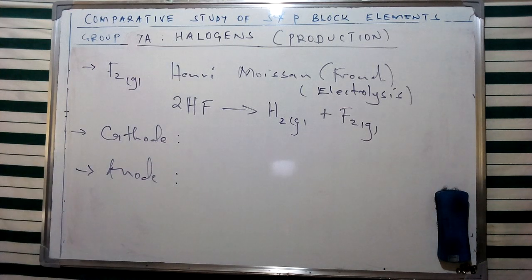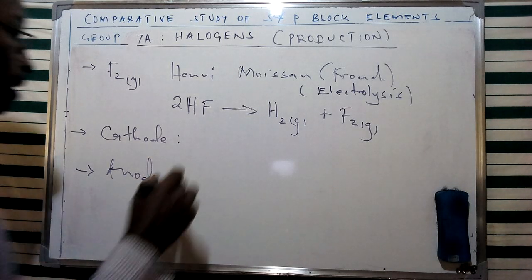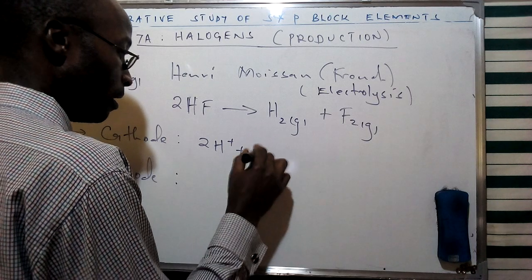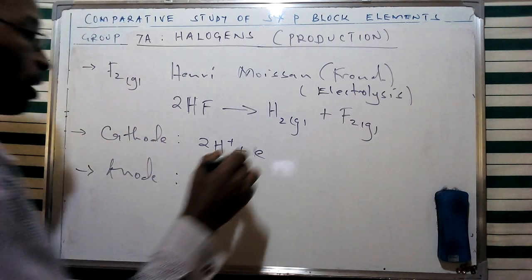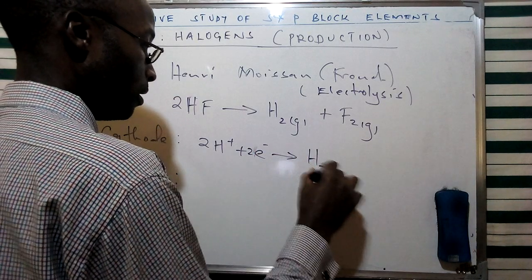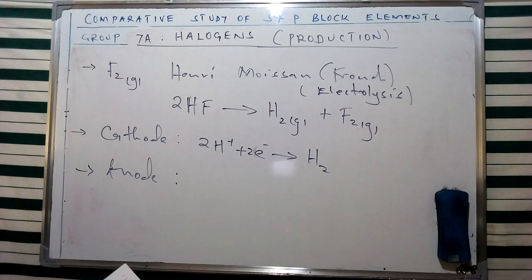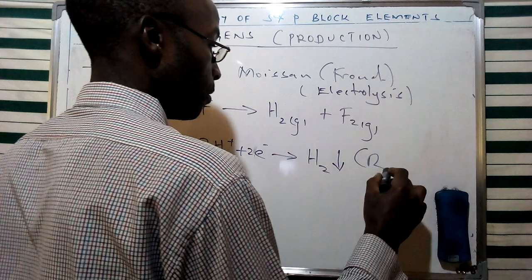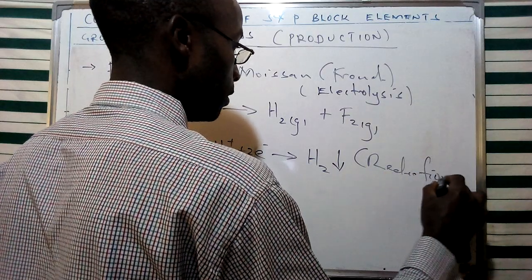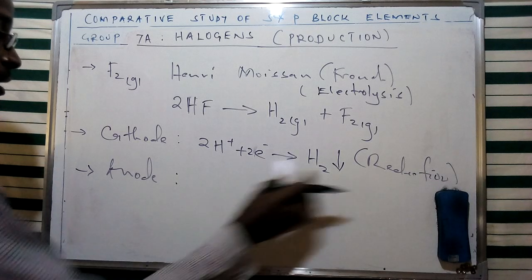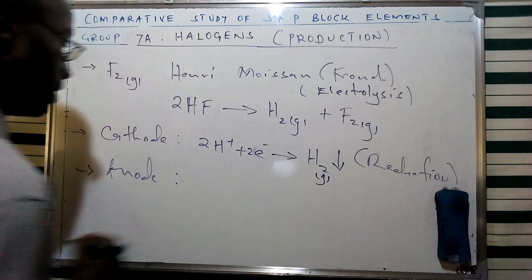The first reaction, at the cathode, we're going to have hydrogen being reduced. So we're going to have a reduction of hydrogen occurring at the cathode, and then we are going to have these two electrons, and therefore this is going to lead to the production of hydrogen gas given as such. So this is going to be a reduction process, so we are going to expect hydrogen to be reduced from its ionic form into this specific gas which we have given in this equation.